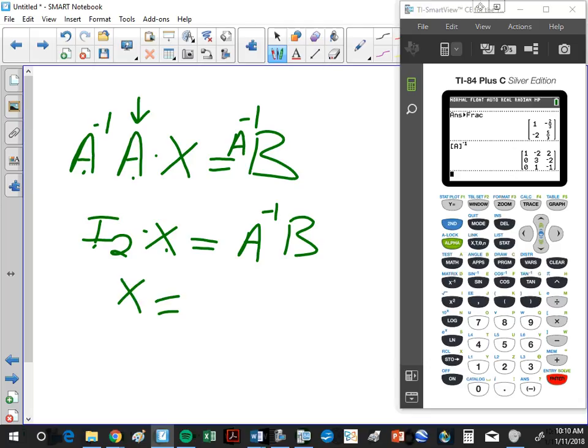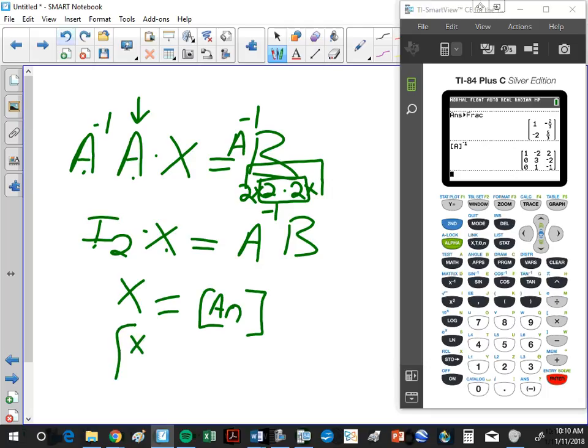X. And this is a 2 by 2 times a 2 by 1, which is possible. And my answer will be a 2 by 1. So that will give me my answer. So X, not X over Y, sorry. X, Y will equal my first answer and my second answer.